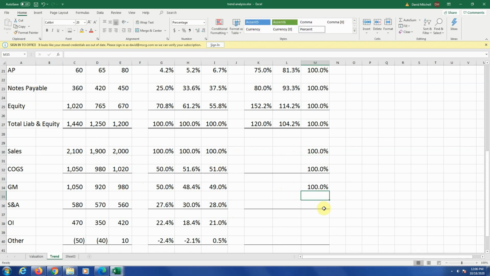And again, the nice thing with computers and Excel or similar software is you really only have to set this up one time.